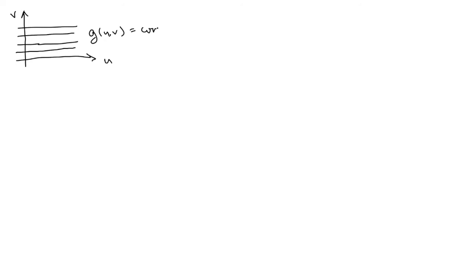So let's be a little bit more explicit about that. If we were to look at our constraint function in u and v space, and look at lines of constant constraint, so these are g(u, v) constant, the gradient we said was perpendicular to that.